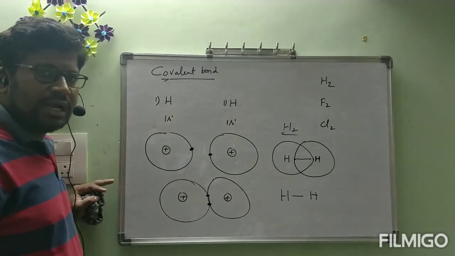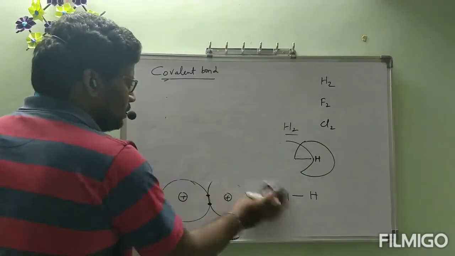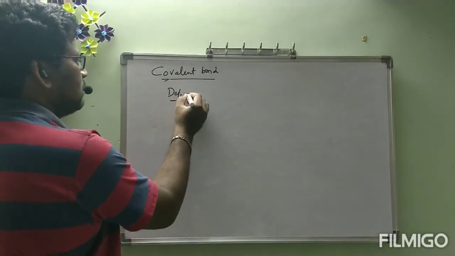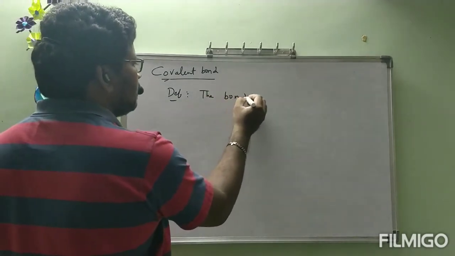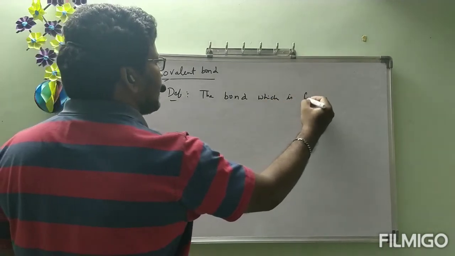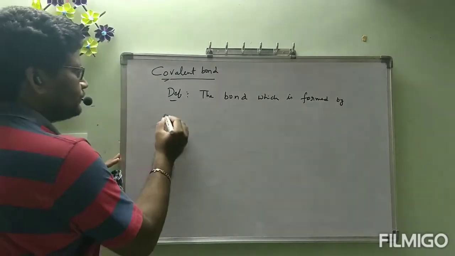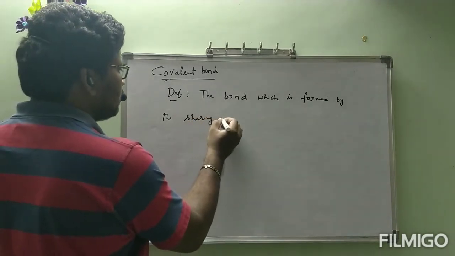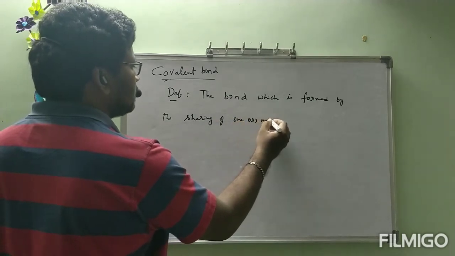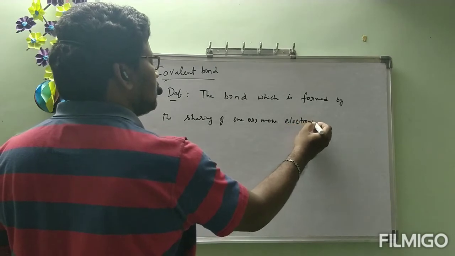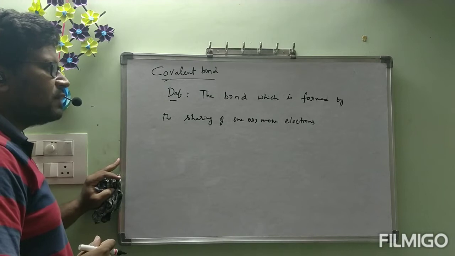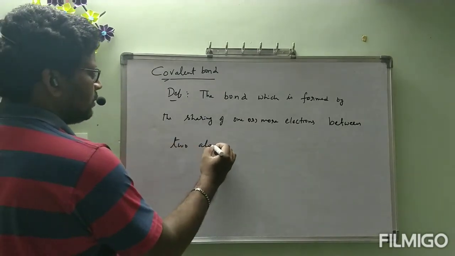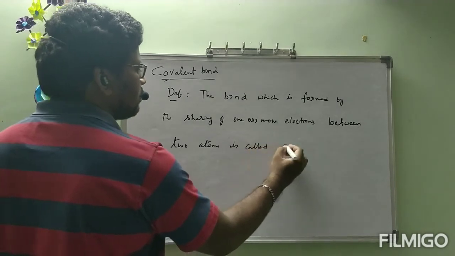Now we will see the definition. Let us see the definition on board. The bond which is formed by the sharing of one or more electrons between two atoms is called covalent bond.